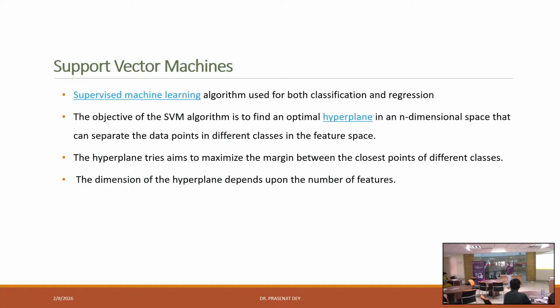Like I said, if the input is two-dimensional, you can draw a straight line to separate them. If data is three-dimensional, you need a plane, and if it is higher dimensional, you need a hyperplane. But in all these situations, the decision boundary is always linear. The decision boundary is not any kind of curve.